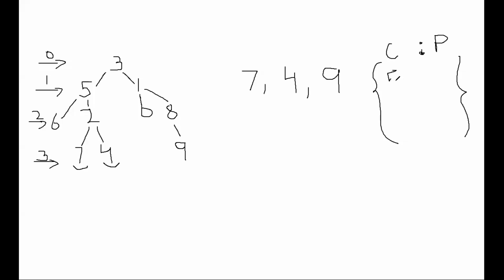For 5, its parent is 3. For 1, its parent is 3. For 6, parent is 5, and so on. Maybe write a few more elements, and we can just create this map.